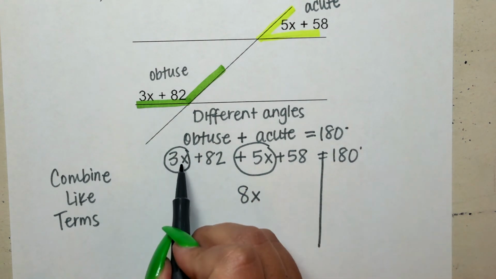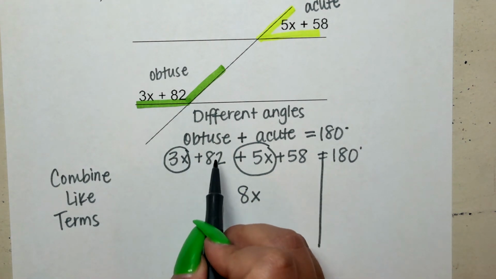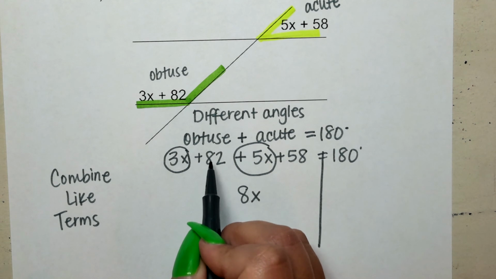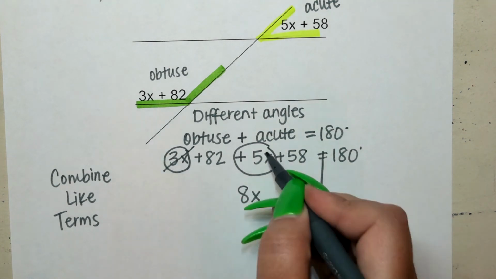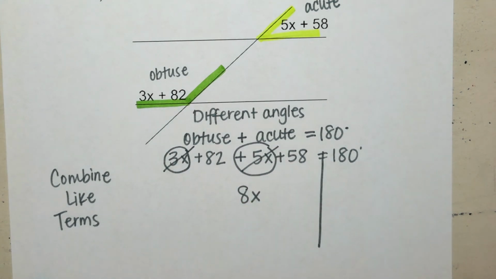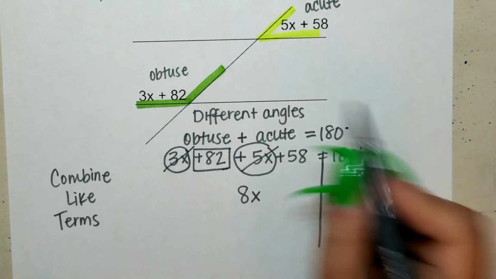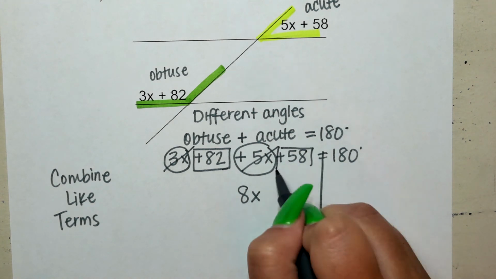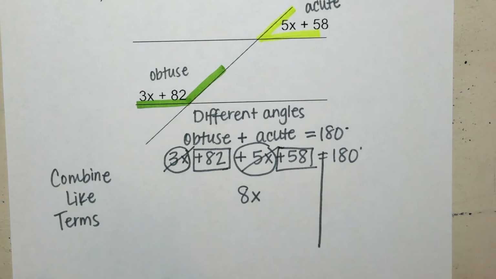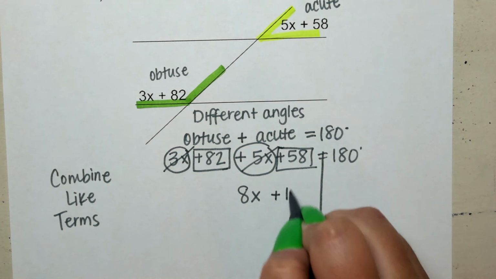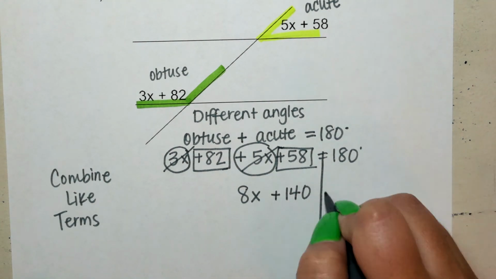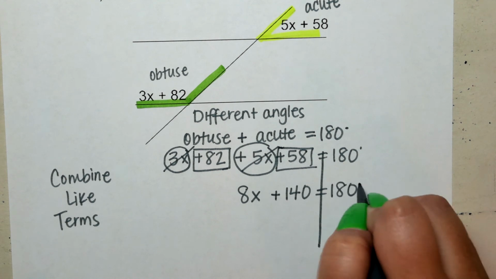I cannot combine 3x and 82 because 82 does not have a variable. So now I can cross off my variable numbers. And now I can combine my numbers without variables. So I have 82 and a positive 58. So since they're both positive, I'm going to add, and I'm going to get a positive 140. I'm going to bring down the 180.